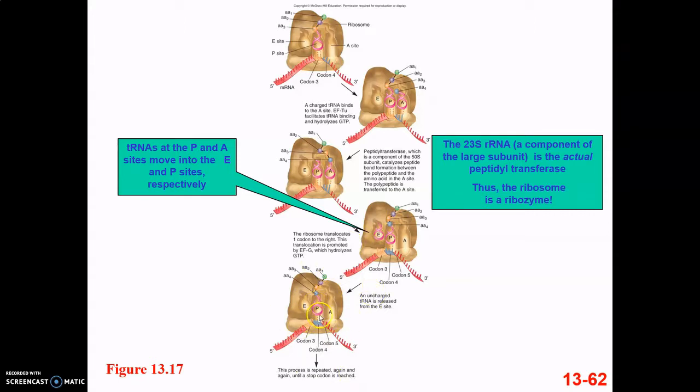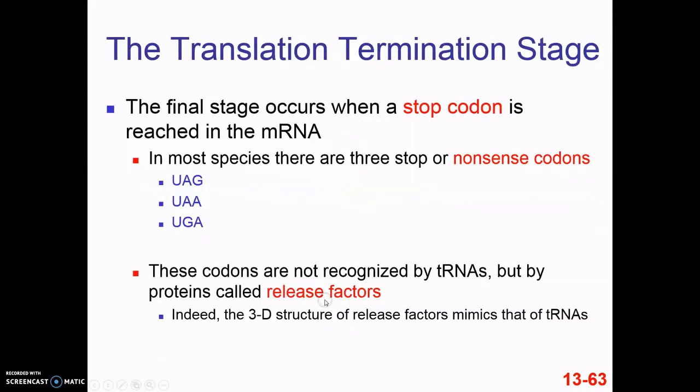And this will continue until we reach a stop codon. Now, translation is terminated once we reach that stop codon. And again, if you recall, there are 3 stop codons, UAG, UAA, and UGA. We also refer to these as nonsense codons because there is nothing that fits with it.